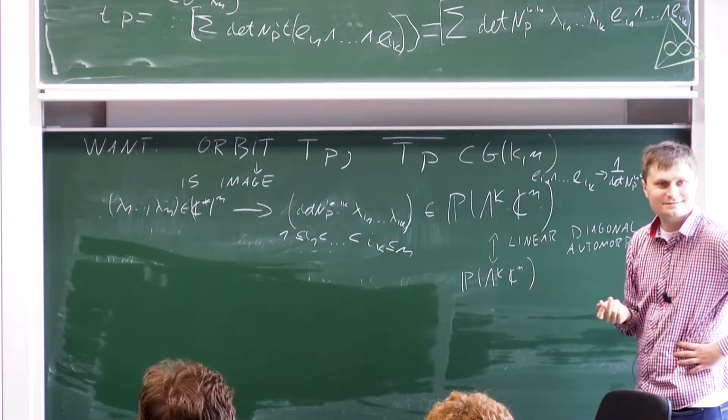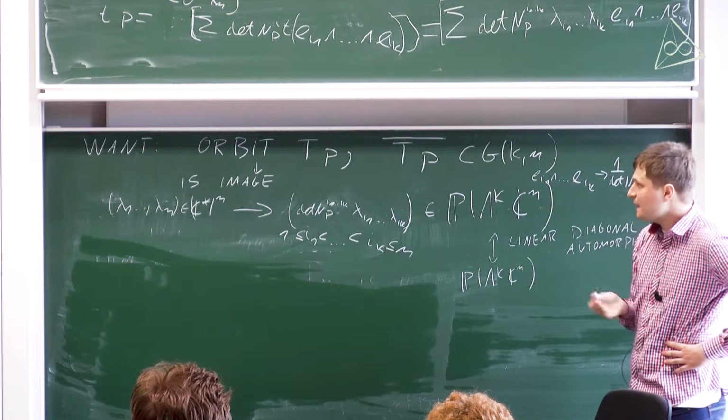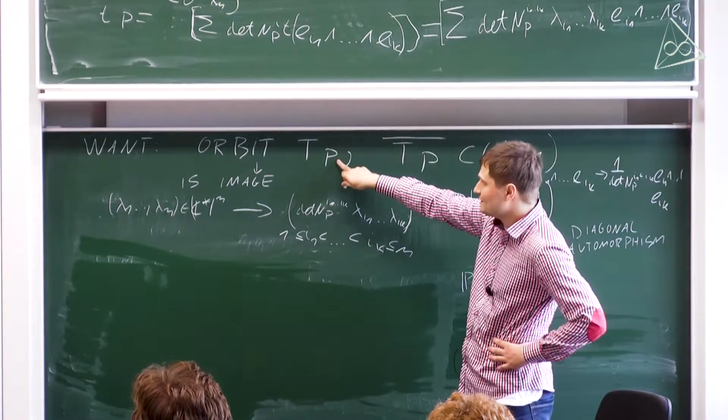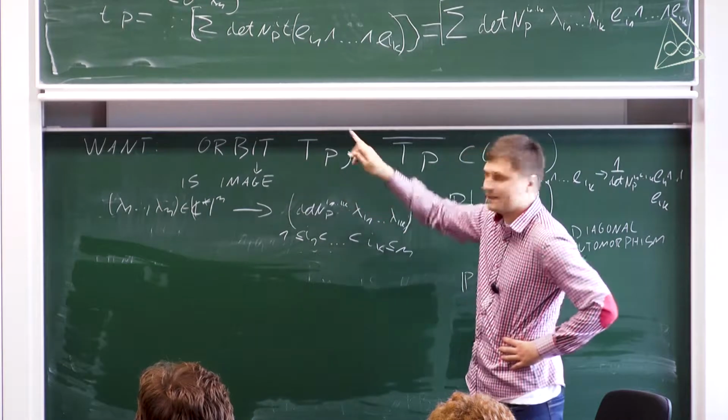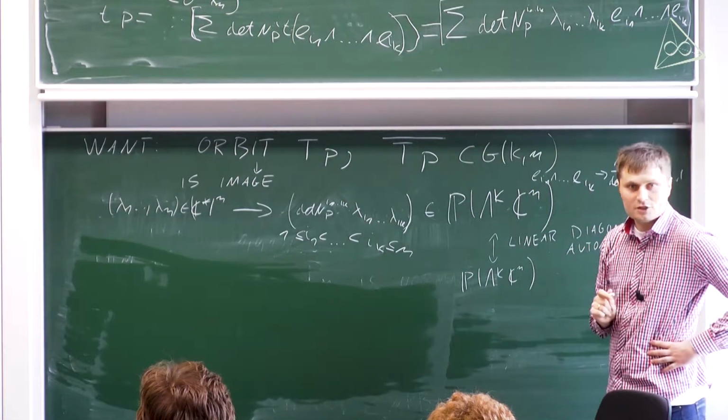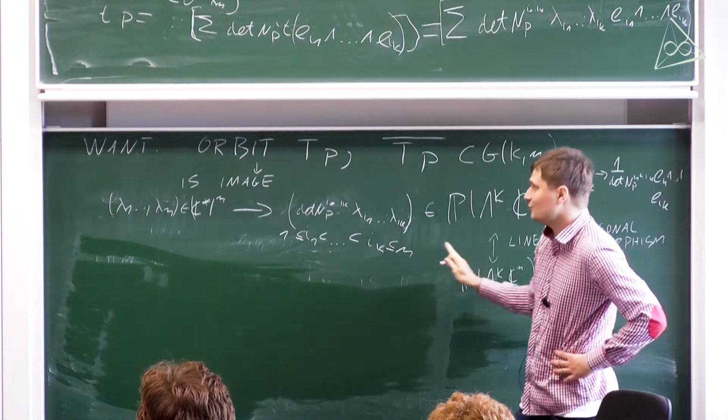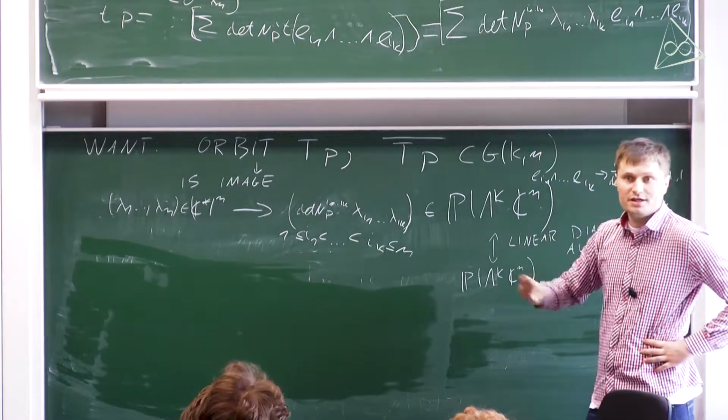Yeah? It just scales. But N_P depends on P. Yes, we fix one P, and we ask for the orbit of that P. So when we vary P, we get a different automorphism and we get a different image. That's true.